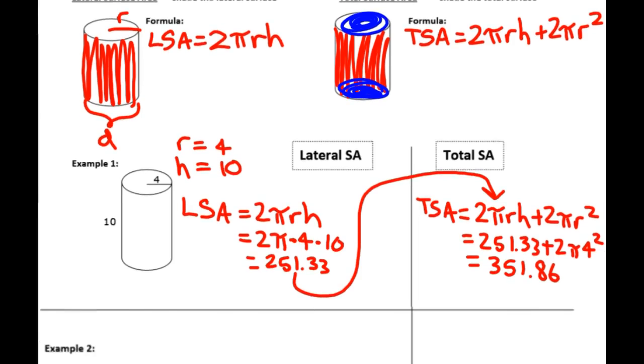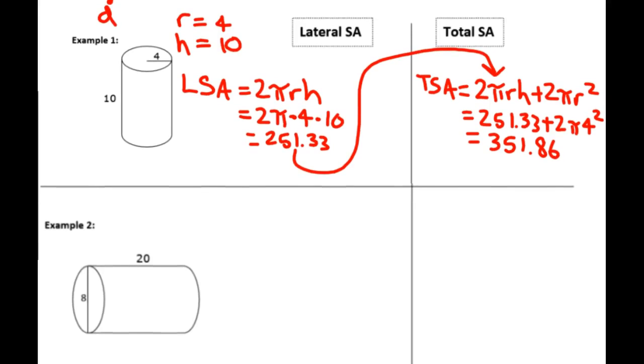Now, bring it down. This is a little different because it's sideways, but we're still looking for R and H. Now, who thinks R is 8? Okay, does everyone see how 8 goes all the way across? So I need halfway for radius, and that is half of 8, right? So 4. What about the height?